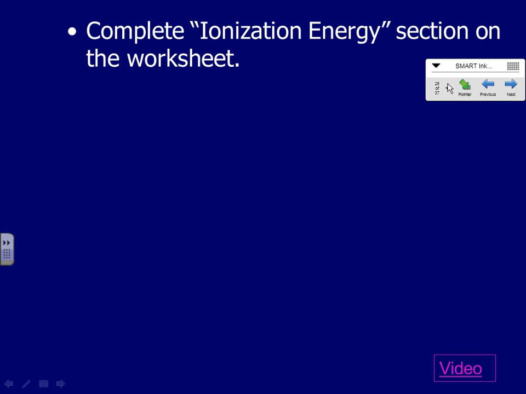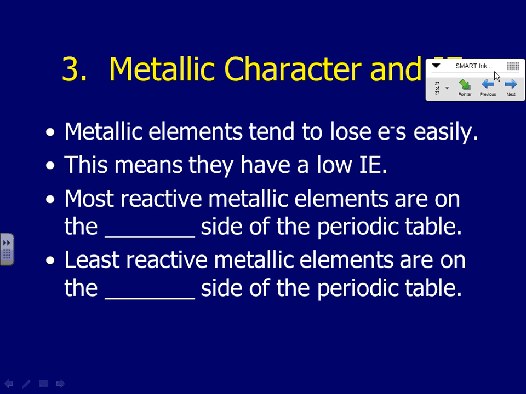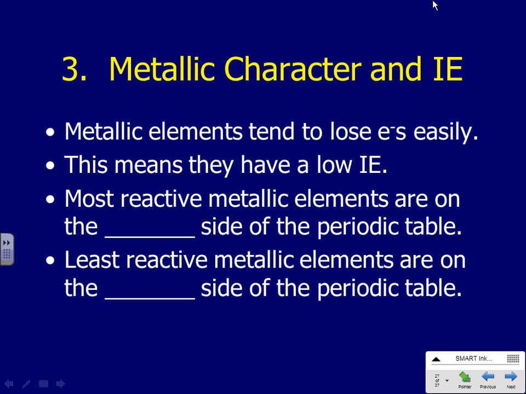And when I'm done this slide on metallic character, you'll also be able to do the metallic character part. But metallic character is directly related to ionization energy, and it is very easy to transition between the two. So we're really not going to learn too many groundbreaking things. Let's write down the metallic character note, and then essentially we're done.